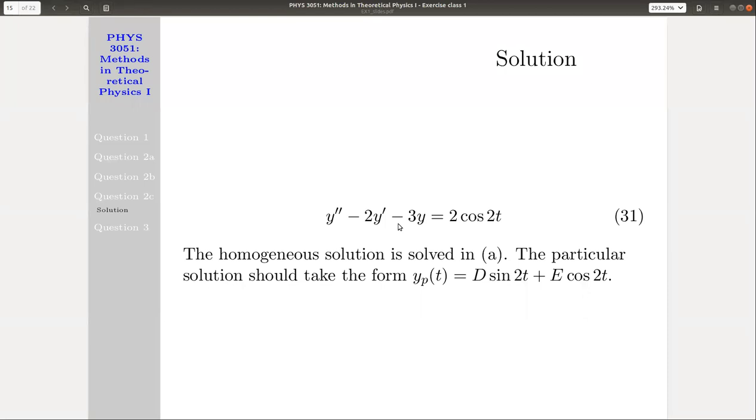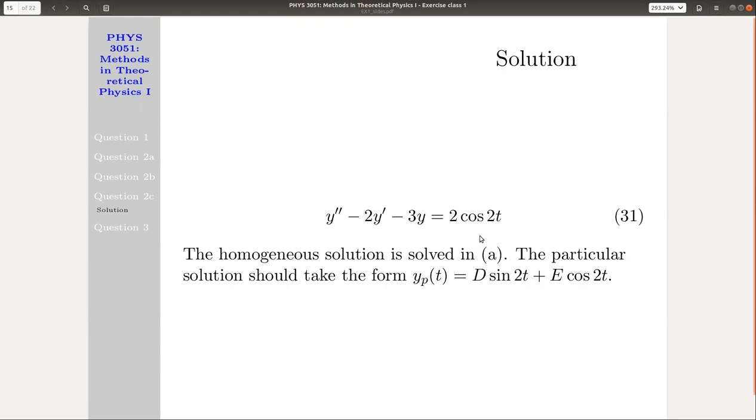So whenever the right side is some sinusoidal function, a sine or cosine, then an educated guess of the particular solution should also be some sine and cosine.